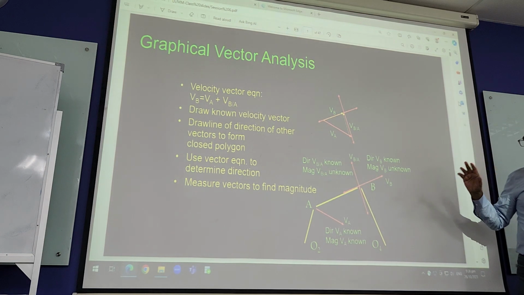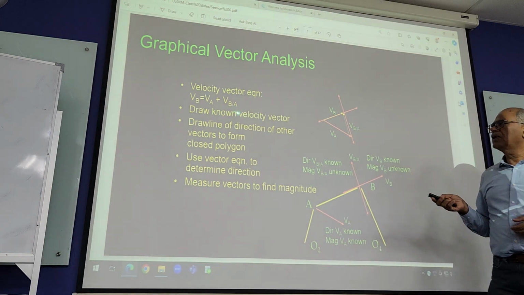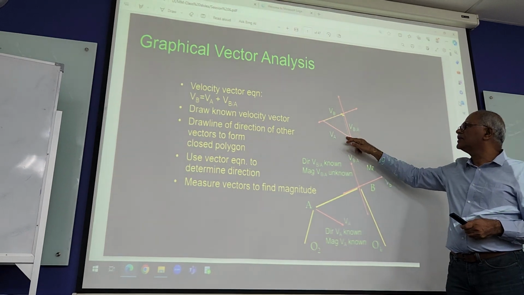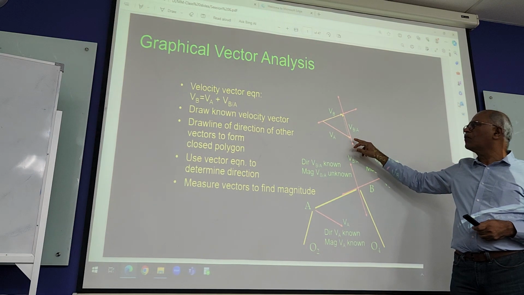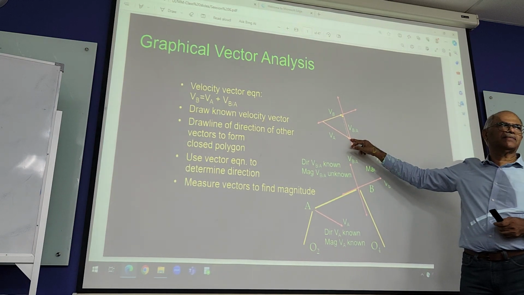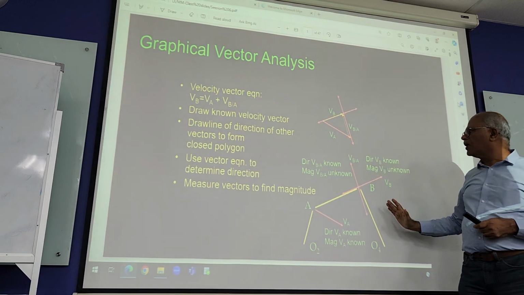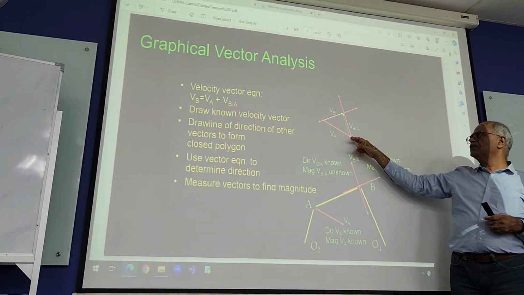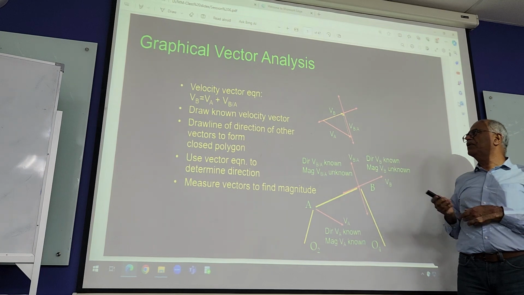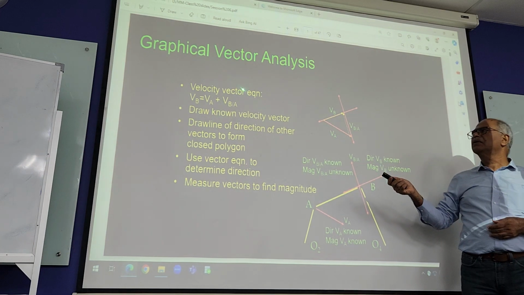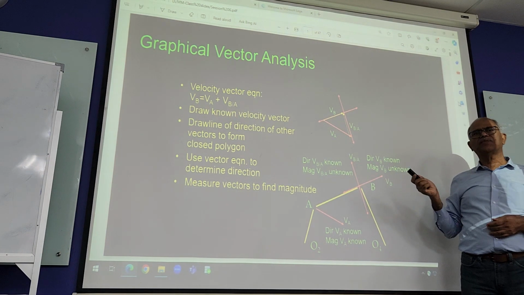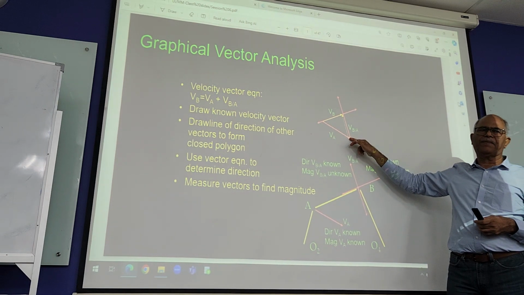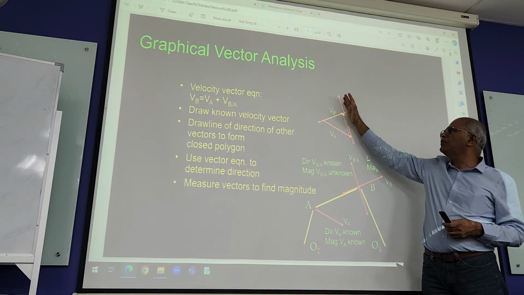So now you know velocity A completely. You plot velocity A. From the tip of velocity A, you plot the direction of velocity B to A. Velocity B to A should always be at the tip of velocity A, because the equation is velocity A plus velocity B to A. So you draw VBA.